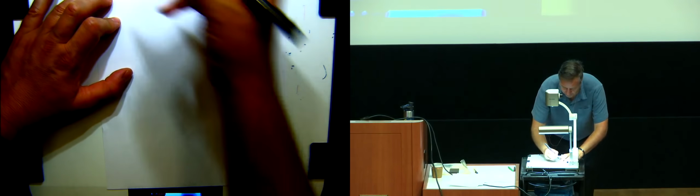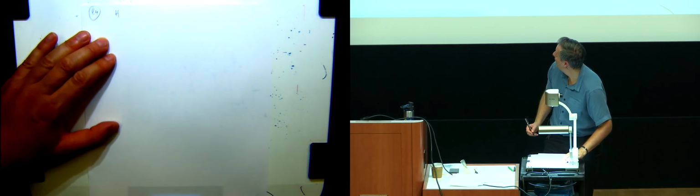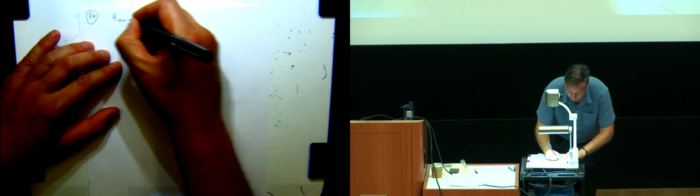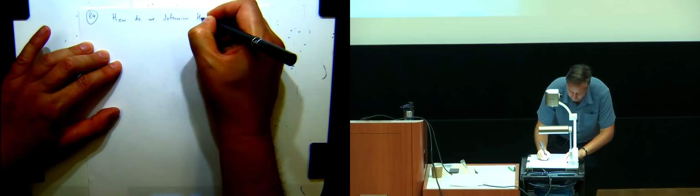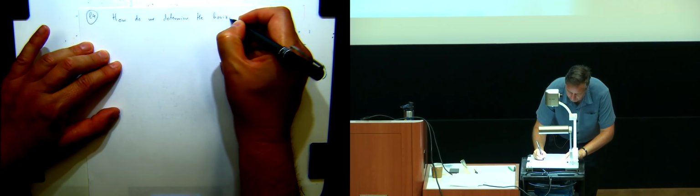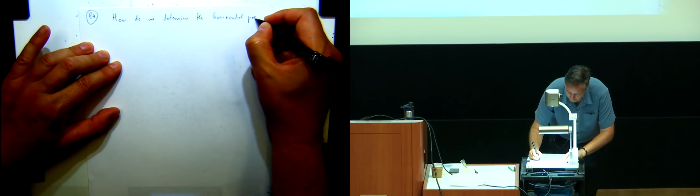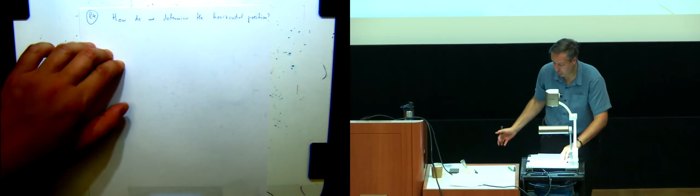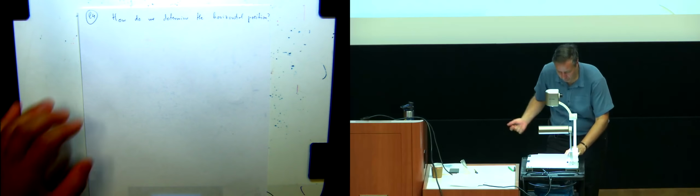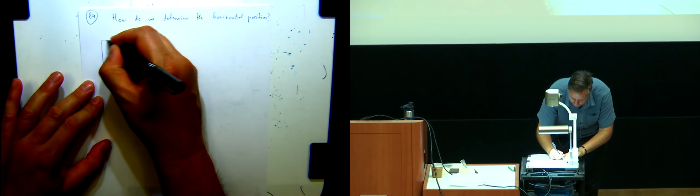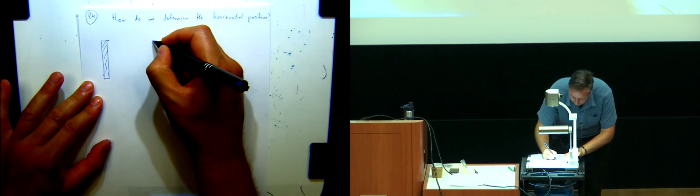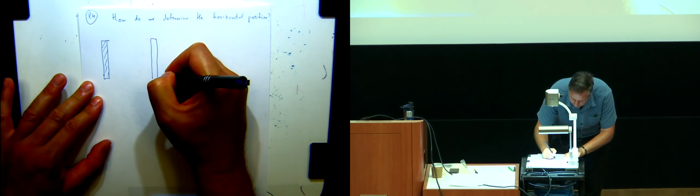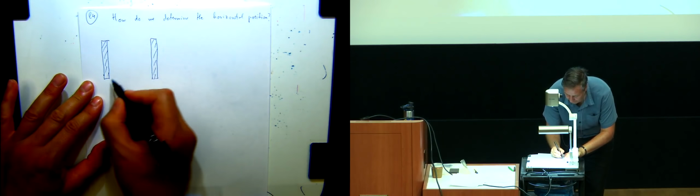Okay. So the question was, how do we determine the horizontal position, right? So I'm going to, again, draw the screen so we see what's going on. We can make a model out of it, and hopefully we can arrive at a solution faster because we've already analyzed that type of circuit. Right?